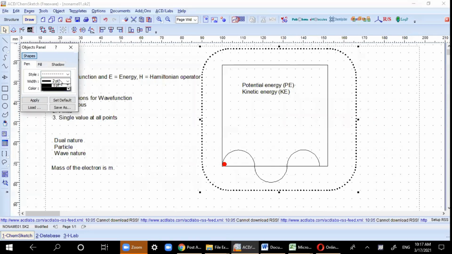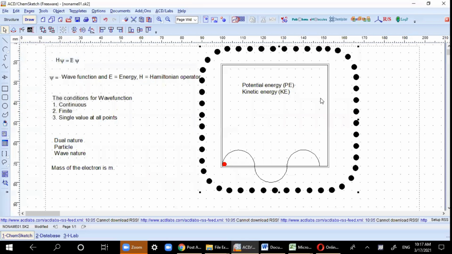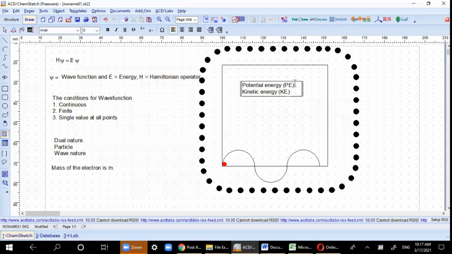Here the potential energy is zero or constant inside the box. The kinetic energy will be there. Outside the box, the potential energy will be infinite.